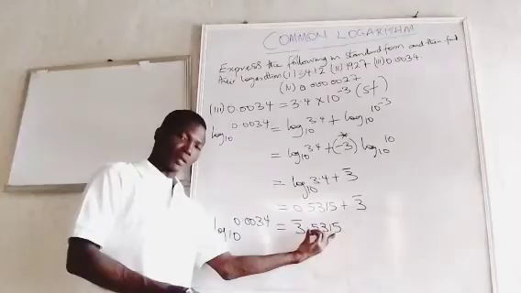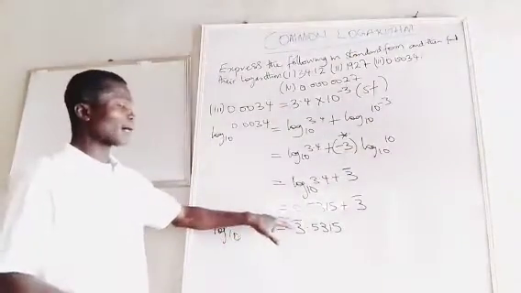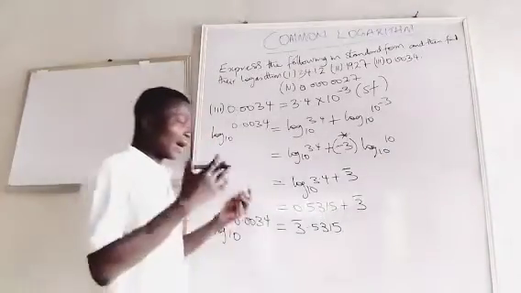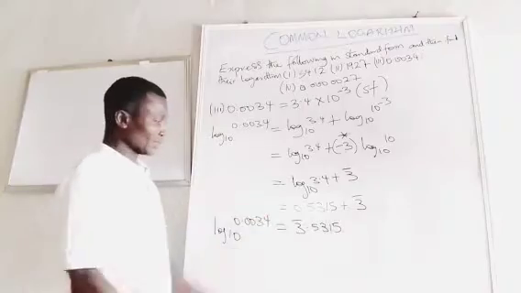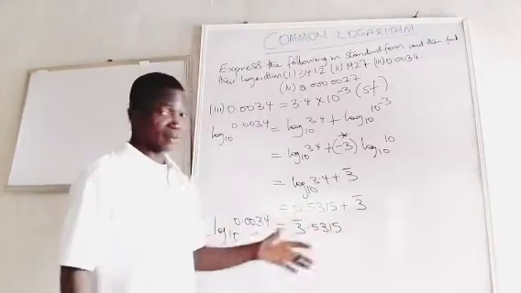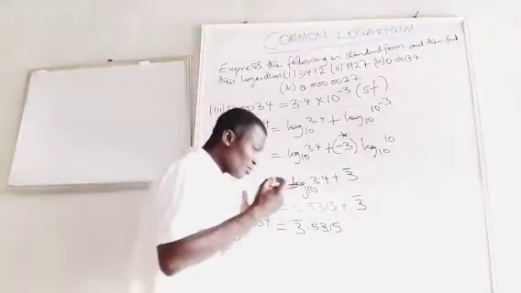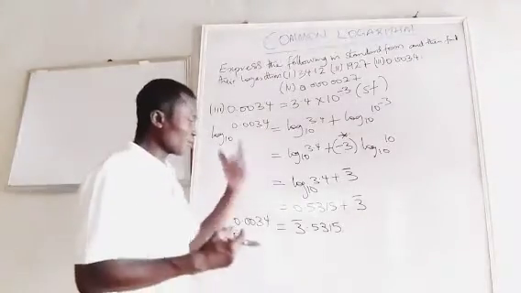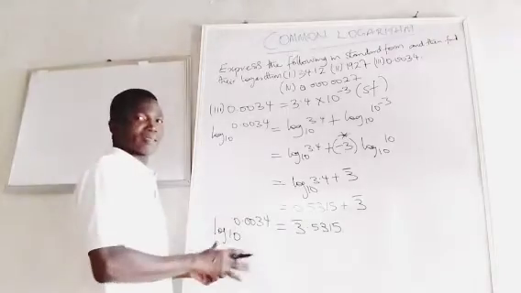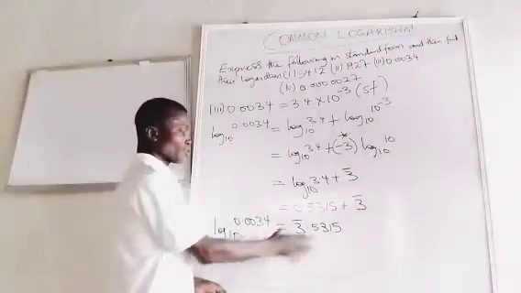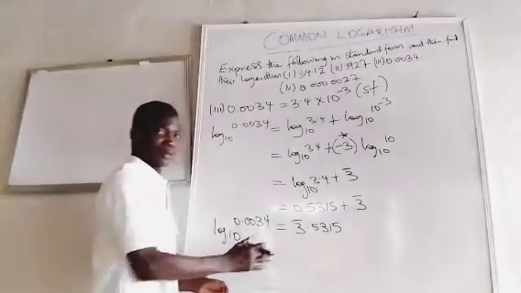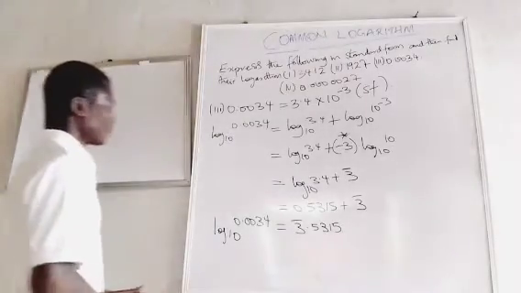The mantissa is positive. That is why we place it as bar 3. If we put minus in front, it means everything here will be minus, and that will negate the rule of mathematics. It should be minus 3 plus 0.5315, which is going to be minus 2.4685. Yes, that's the real answer. But for the purpose of our manipulation using the 4-figure table, this is the best way to leave it. You will know the reason later on.